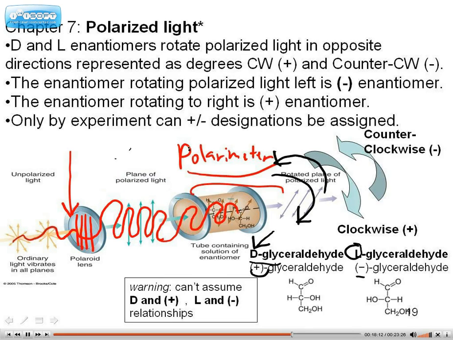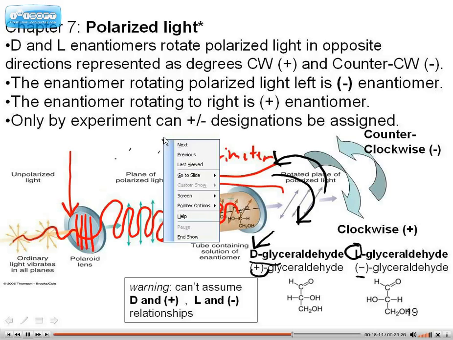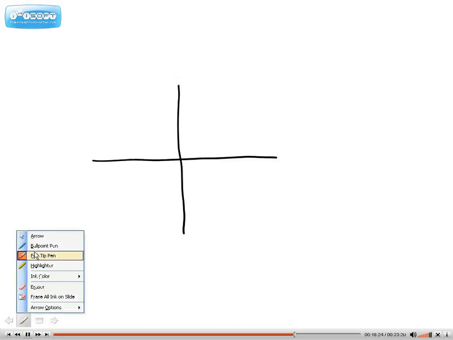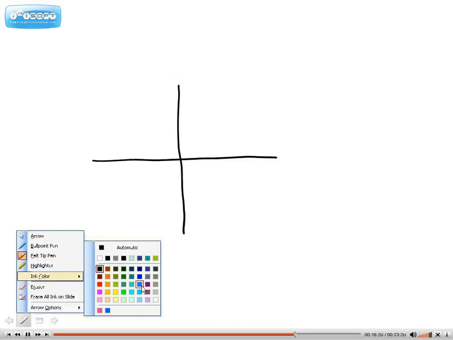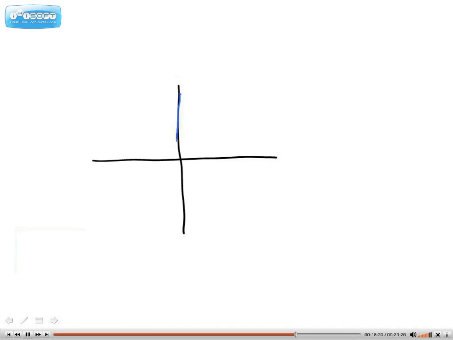So what would we do? We would have crosshairs, and if there were no pure enantiomer present, as a plane of light hit us, again it's all in one plane, it would go up and down.